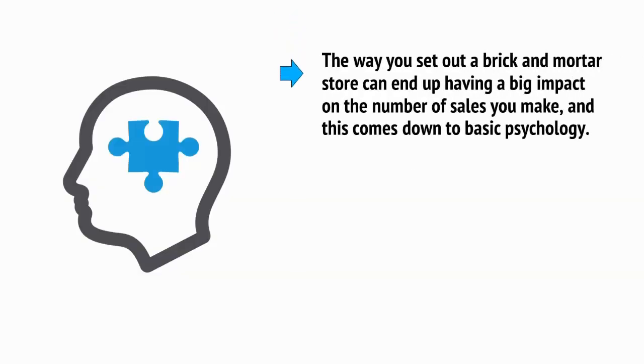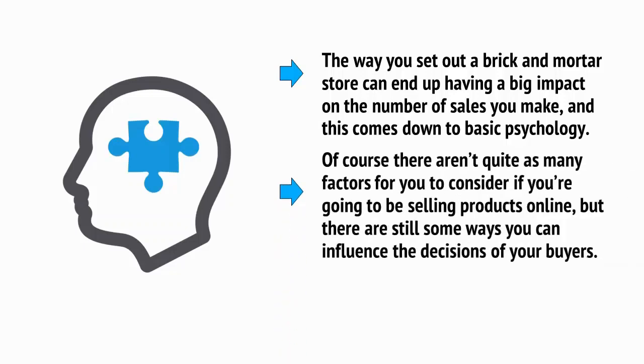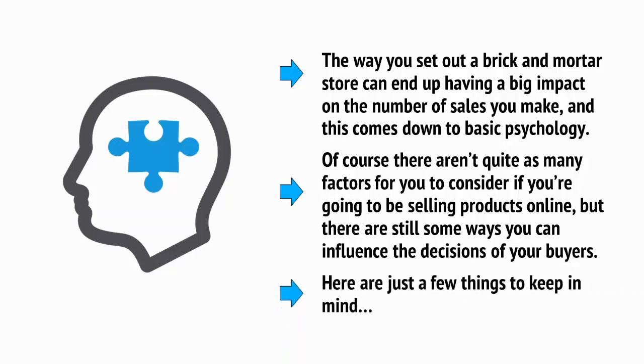In other words, the way you set out a brick and mortar store can end up having a big impact on the number of sales you make, and this comes down to basic psychology. Of course, there aren't quite as many factors for you to consider if you're selling products online, but there are still some ways that you can influence the decisions of your buyers. Now, here are just a few things to keep in mind.